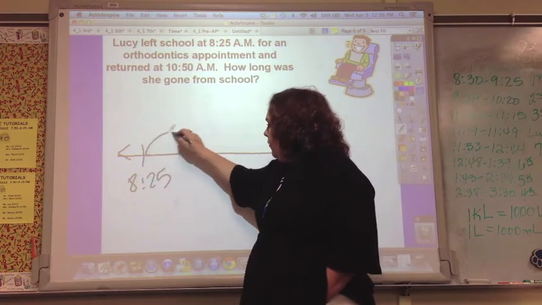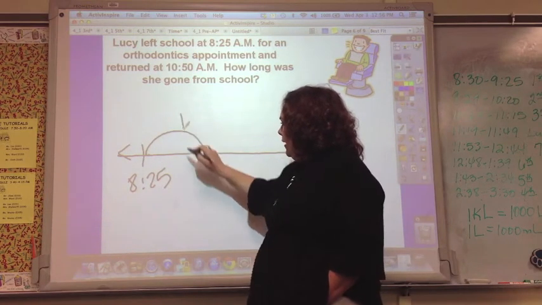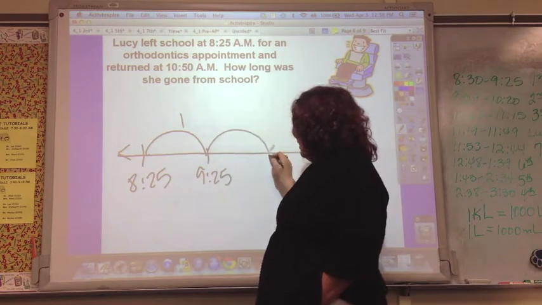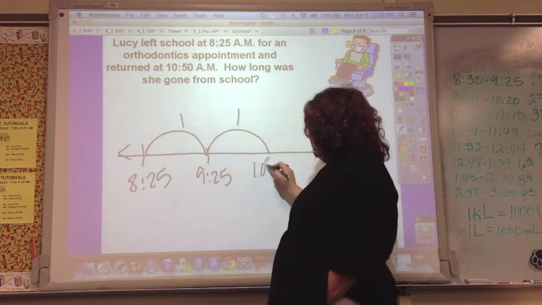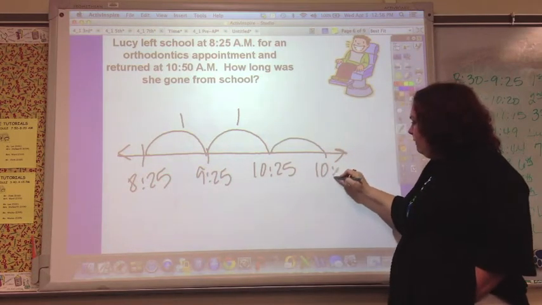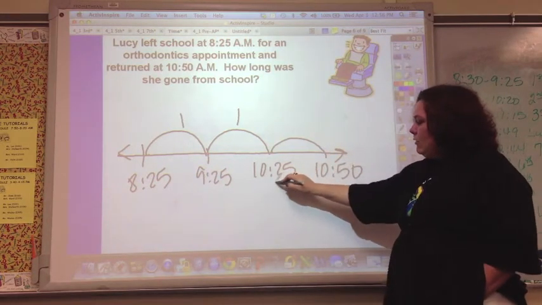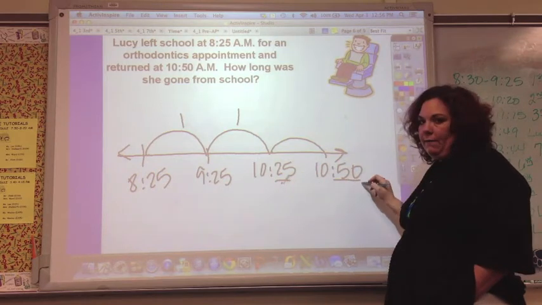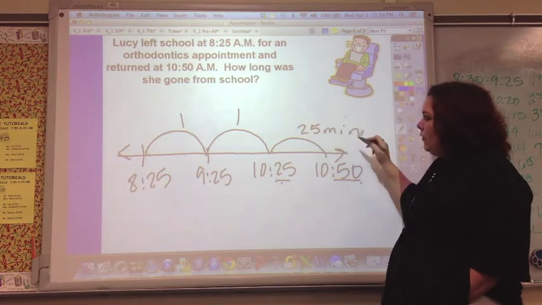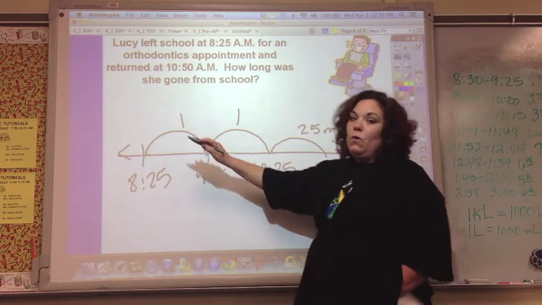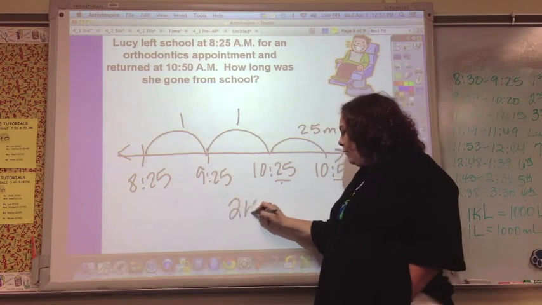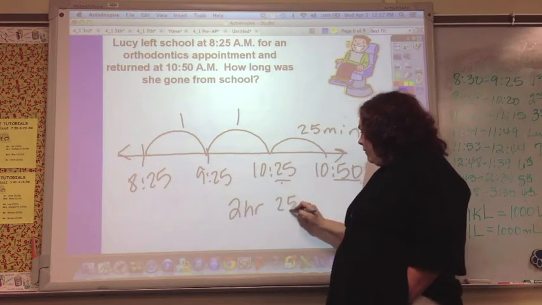So I can go 1 hour was 9:25, and another hour was 10:25, and then to get to 10:50 is going to be 25 minutes. To go from 25 to 50 is 25 minutes. So the total, how long was she gone? She was gone 1 hour, 2 hours, 2 hours, 25 minutes.